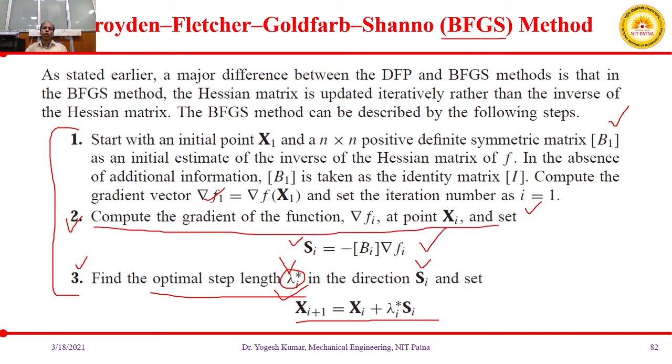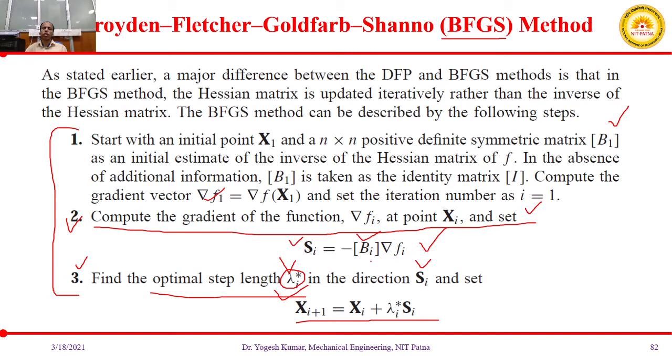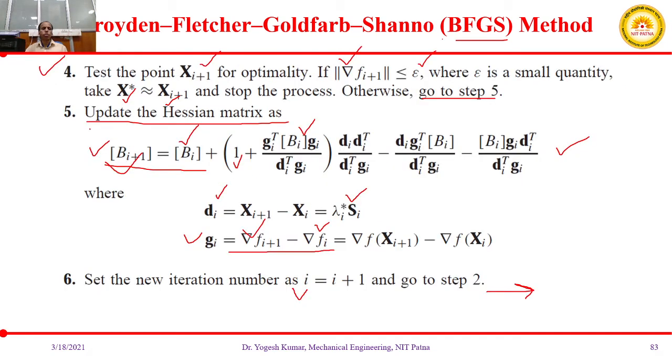That is, once you have identified the new Hessian, the new B matrix, you find the search direction at x2. I hope you are able to understand, because these methods are a kind of repetition, except for a few steps; for example, in the DFP method we have changes in step number 5 only.